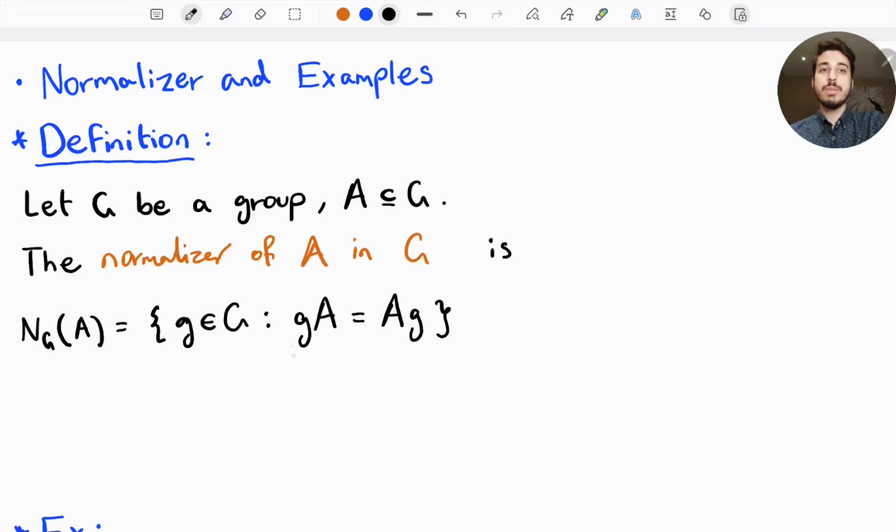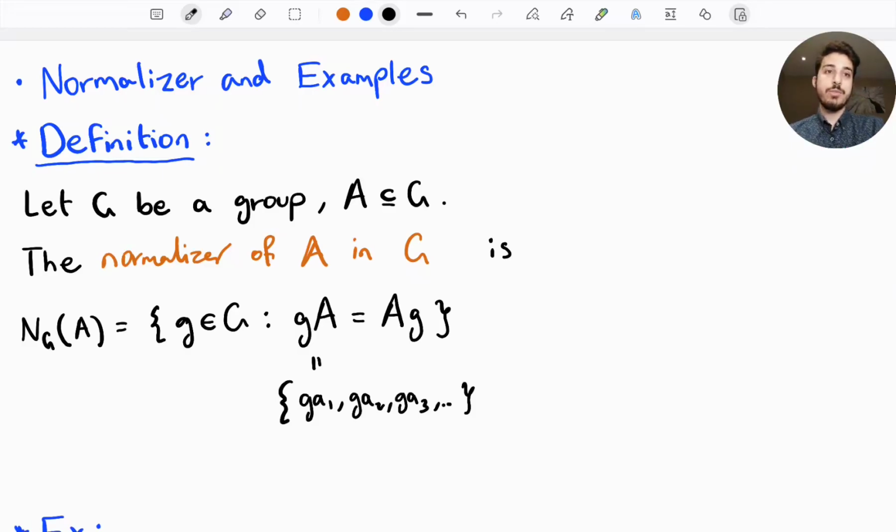When I multiply an element by a set, essentially what I'm getting is a new set, which is G a1, G a2, G a3, and so on. For all the elements in A, I multiply G on the left, and this is the set I get, which I call GA.